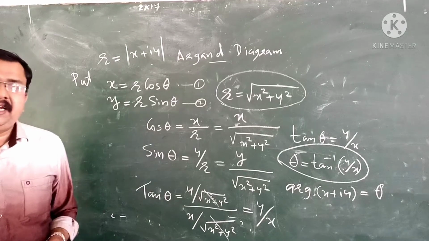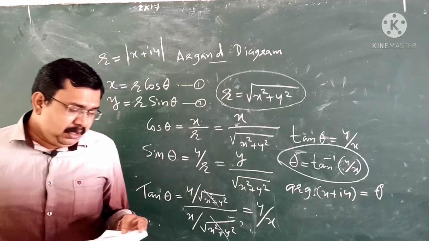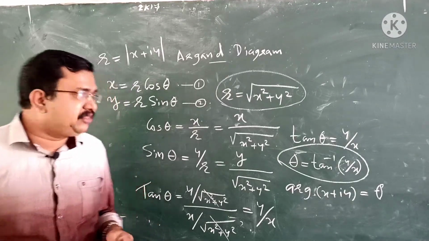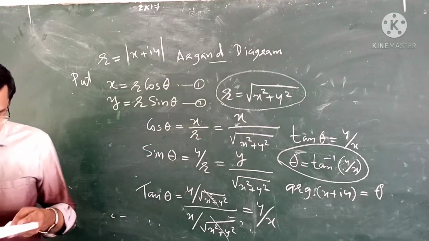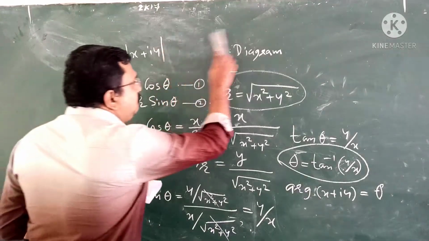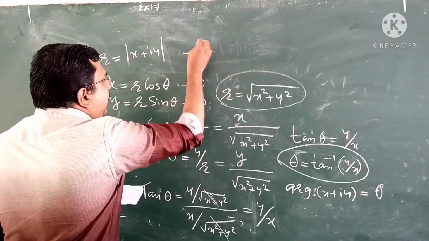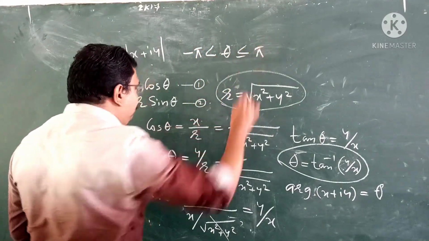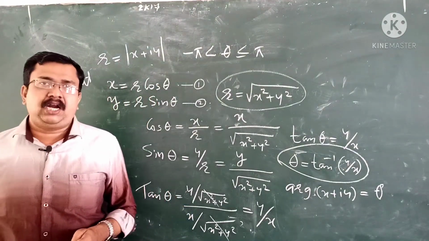It is clear that theta will have infinite number of values differing by multiples of 2 pi. Remember that the values of theta lying in the range minus pi less than theta less than or equal to pi is called the principal value of the argument.